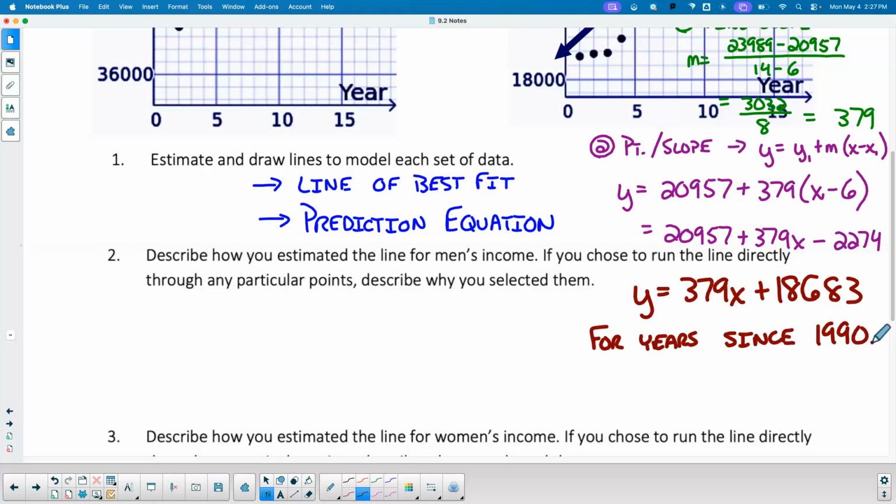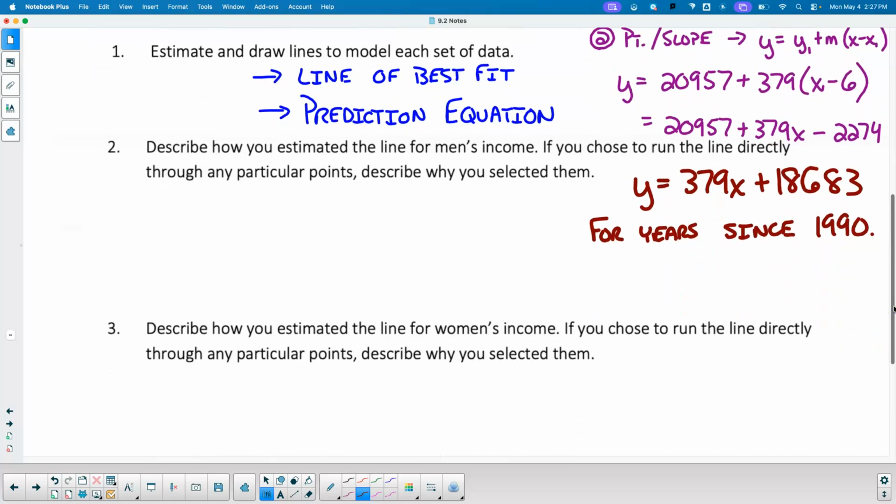I put in 36 for x, because it says years since 1990. So my x would be 36, because it's been 36 years since 1990.